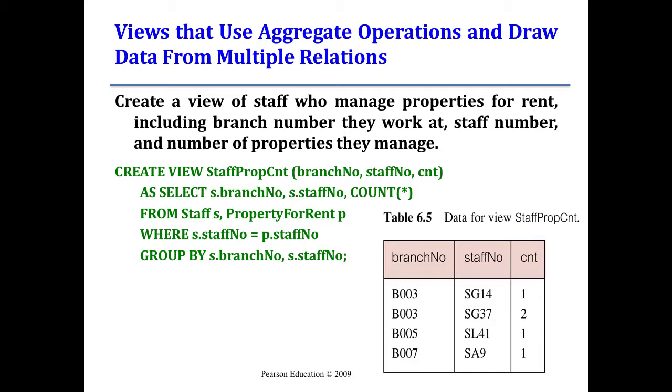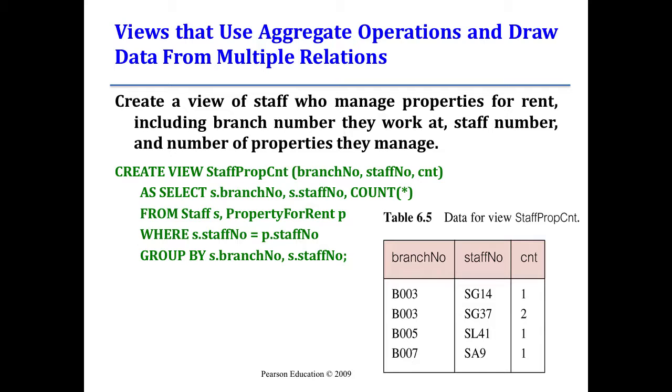Okay. Now, in addition to that, oftentimes you want to create views that display aggregate information. So we have a horizontal view, a vertical view. Now we have views that display aggregated information. And you sometimes may also be drawing these views from multiple relations.